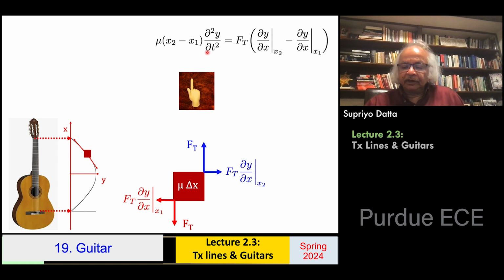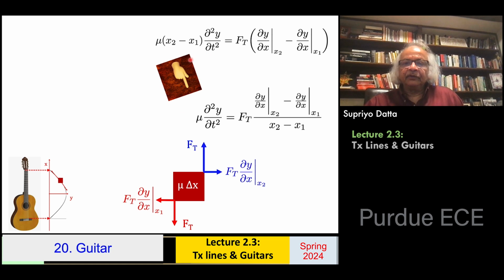And now you can put it in the form of these voltages and currents that we had talked about. Because you could divide by x2 minus x1, and then on the right hand side, what you have is the slope of the string at x2 minus the slope of the string at x1, divided by x2 minus x1. And as these two get closer together, this becomes like the second derivative of y with respect to x.